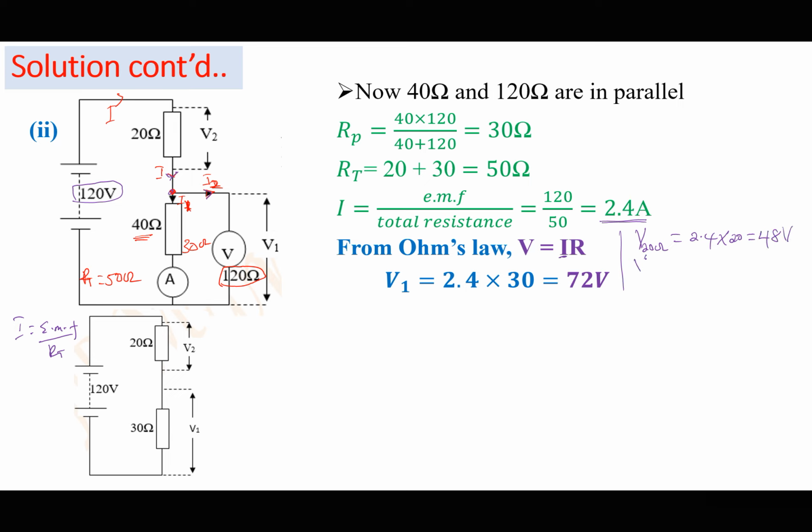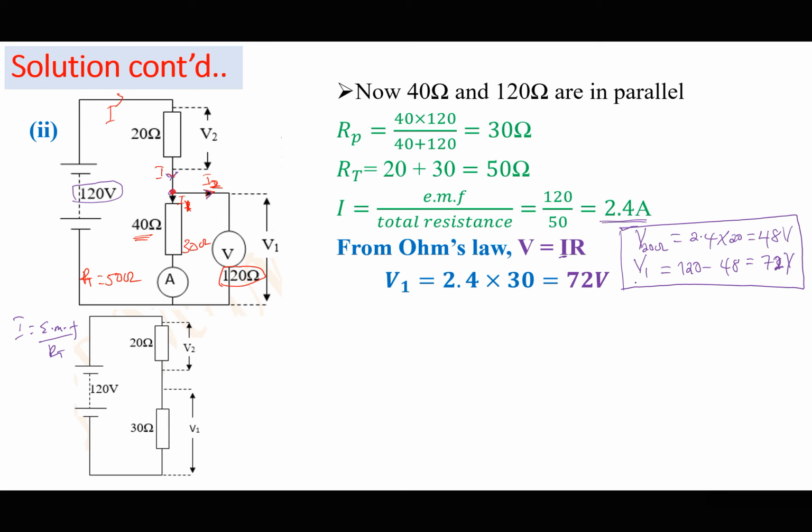Then if I want to find the PD V1, which is the PD across 40 and at the same time the PD across 120, I would get 120, which is the voltage supply, minus 48, which is still going to be 72 volts. So this is another alternative of obtaining the same answer for the PD across V1.